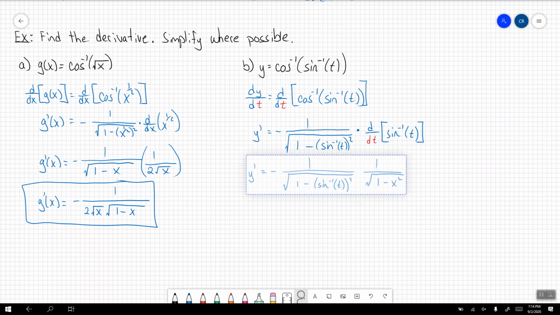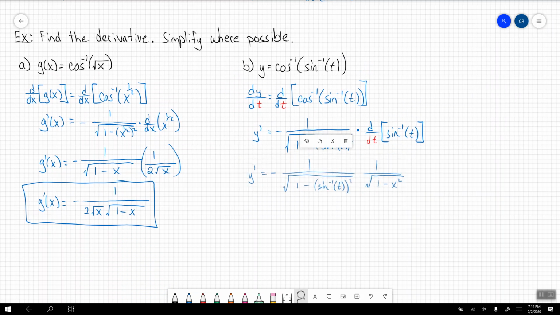There we go. I'm just going to move this a little bit more to the top. There we are. That way I have enough room here to write my y prime, which is going to be -1 over this big denominator of the square root of 1 minus x squared multiplied by the square root of 1 minus sine inverse of t squared.